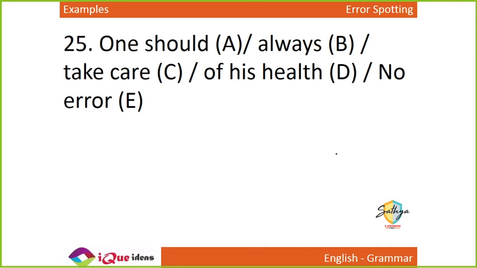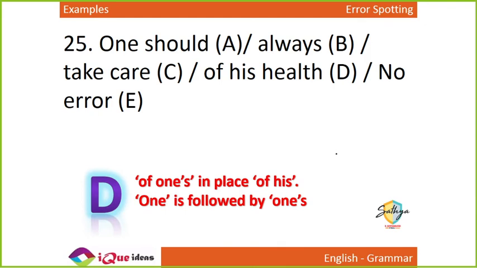So "one should always take care of their health" is a bit of a problem because you're starting with a singular subject and then using a plural. The easier way: one should always take care of one's health. No need of his or her. Don't assume any gender when it is not given in the beginning. So one should always take care of one's health.